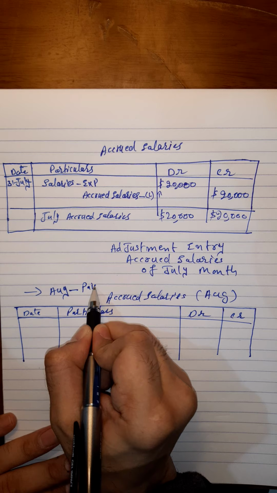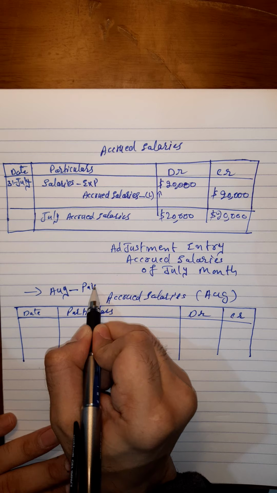Okay, salaries expense debit, for example $20,000, and accrued salaries credit $20,000. Why salary expense debit? Because it is an expense, and expense will always be debited in accounting according to the debit credit rule, which is in my lecture number 4.